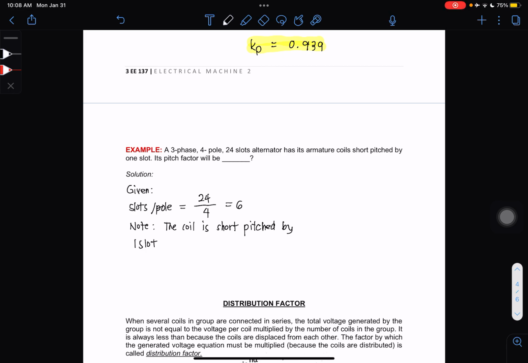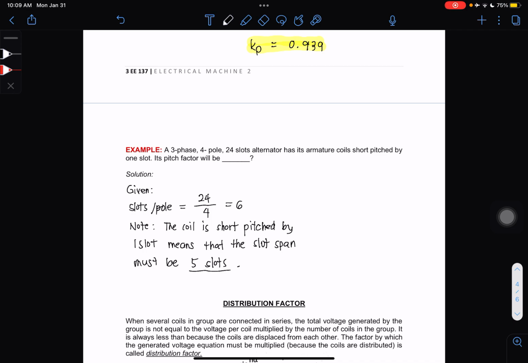So it means that the slot span must be 5 slots. Why 5 slots? Because instead of the full pitch, which is equal to 6 slots, minus 1, we have 5 slots.